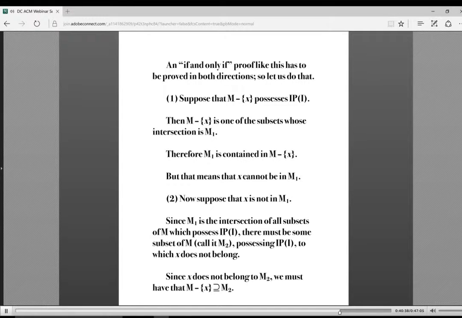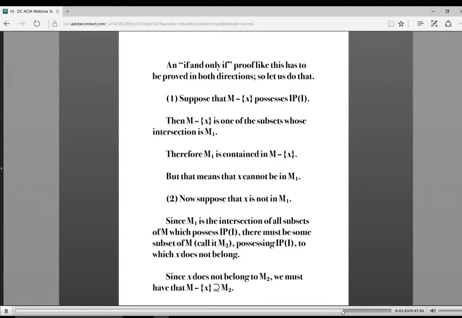Now we go in the other direction. Suppose that X is not in M1. Since M1 is the intersection of all subsets of M which possess the input property, there must be some subset of M, call it M2, possessing the input property to which X does not belong.